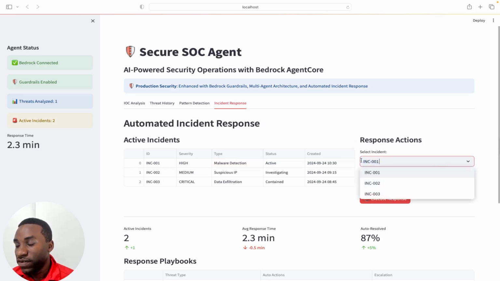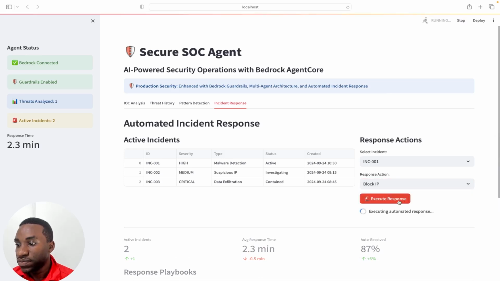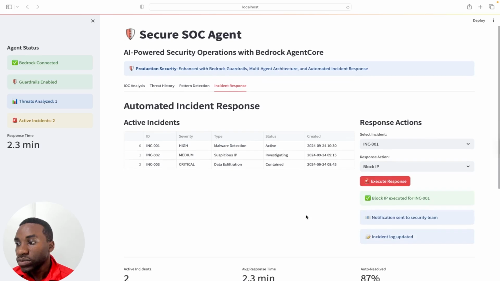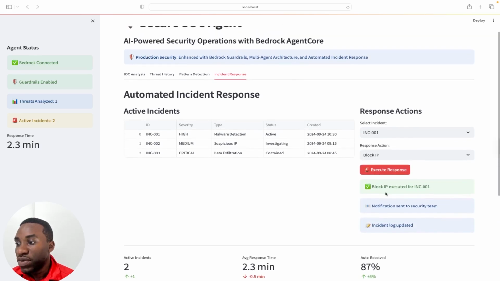So we have pre-configured playbooks that enable immediate threat mitigation. Let's decide, should we block the IP, quarantine it, isolate it, send an alert? So let's block the IP. And you can see that we are able to block the IP, this one.